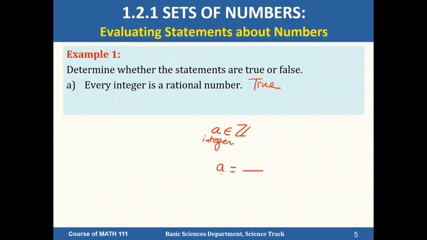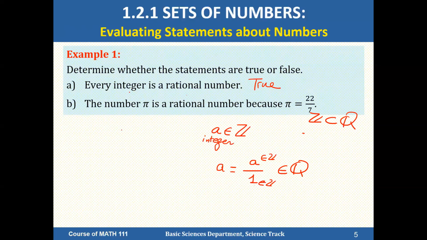But this can be done just by writing A as A over 1. So A over 1 equals A. So A can be written as a ratio of two integers. Since it is a ratio of two integers, it is a rational number. So every integer is a rational number. So Z is a subset of Q.